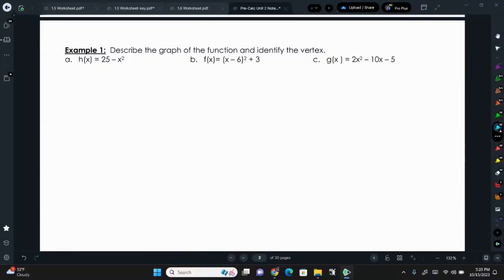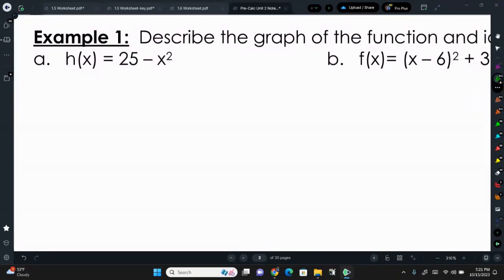All right, so example number 1, we're going to describe the graph of the function and identify the vertex. For this one, what I'm going to do first is rewrite this with the x squared in front, so it equals negative x squared plus 25. Because from here, you could do two things.